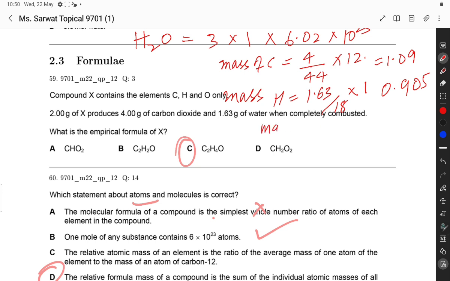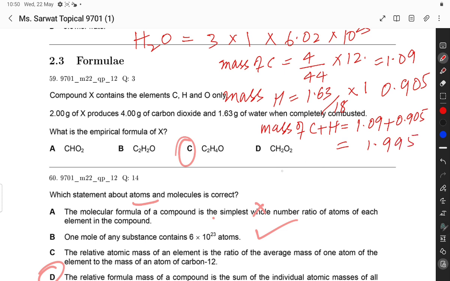So mass of carbon plus hydrogen is equal to 1.09 plus 0.905, which is equal to 1.995.